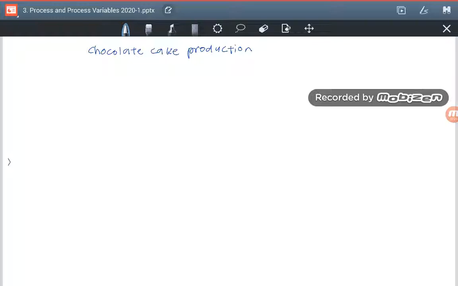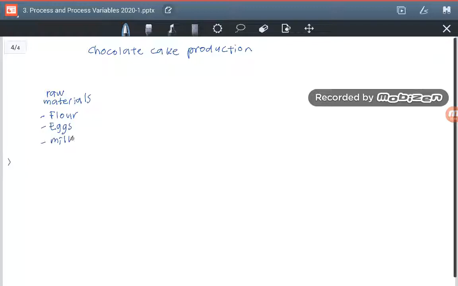So to bake a cake, the first thing that we need is the raw materials. So this might include the flour, egg, milk, water, and chocolate, of course, because this is a chocolate cake, and so on.